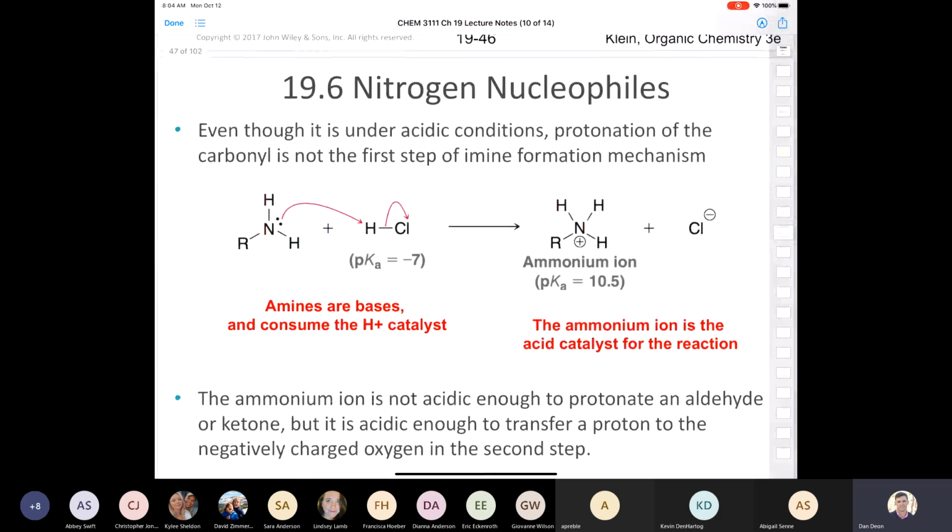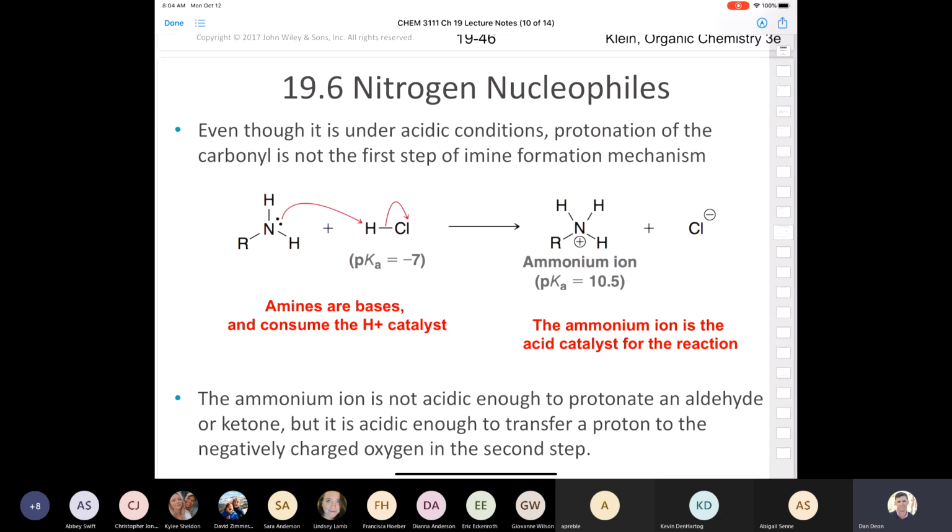Now, you might have been looking at that acid catalyst that's required for this reaction and thinking, okay, well, when I was making an acetal, I used a mineral acid like, let's say, HCl or sulfuric acid or PTSA, para-toluenesulfonic acid, and those are strong acids.